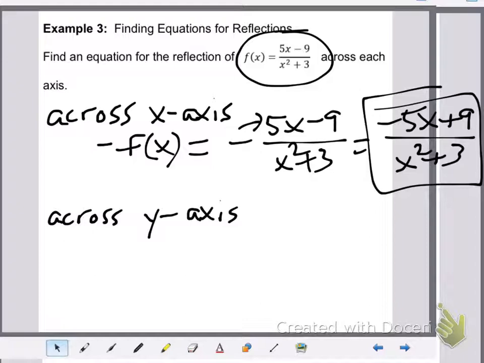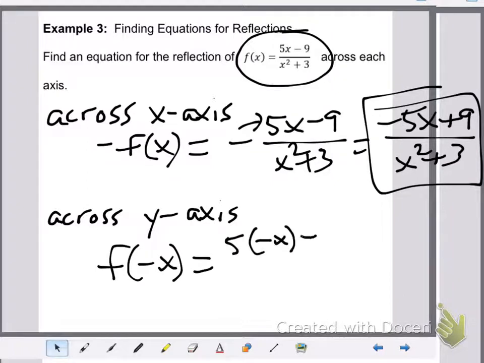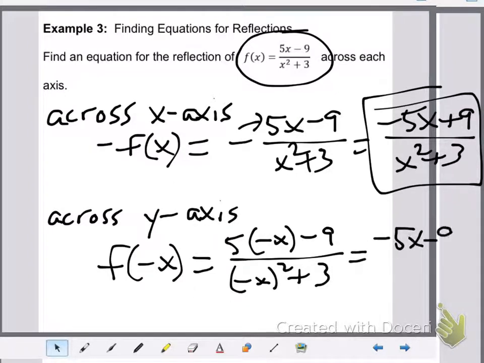Now across the y-axis, it's going to be f of negative x. So now we're going to take negative x and plug it in for x. Okay, so we've got to simplify this. So I have negative 5x minus 9. Now negative x squared is just x squared.